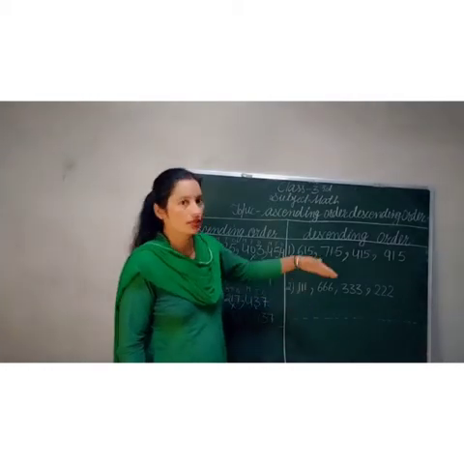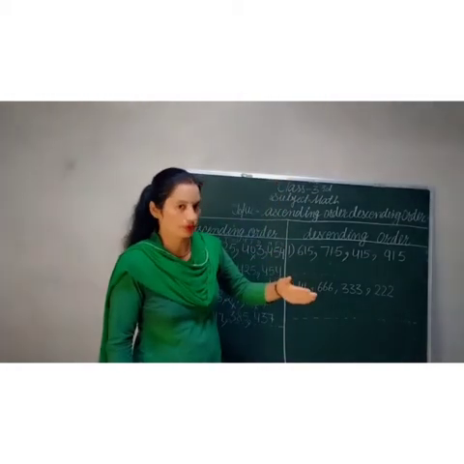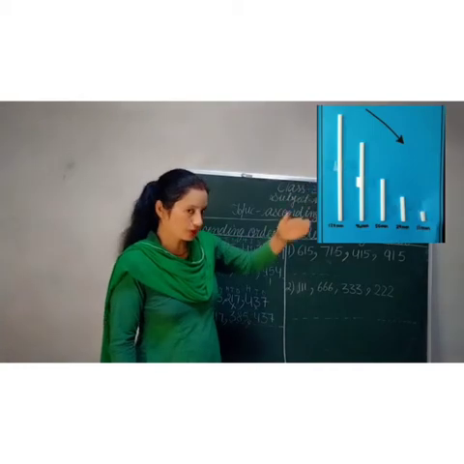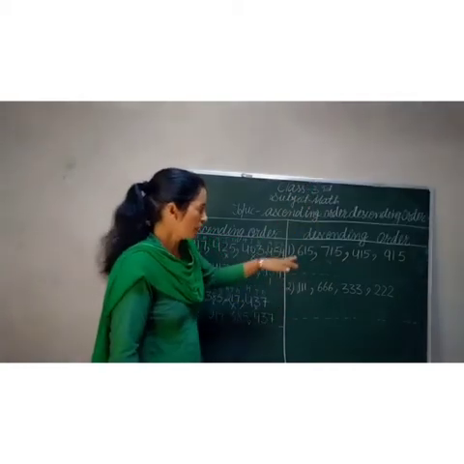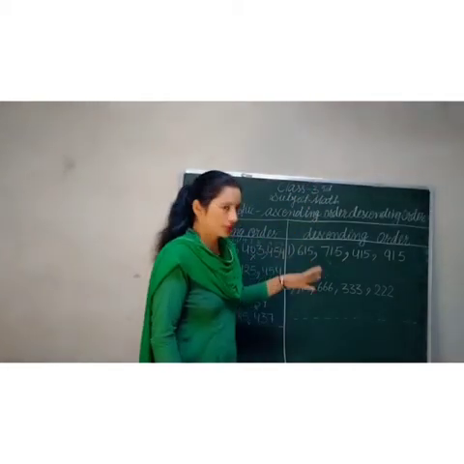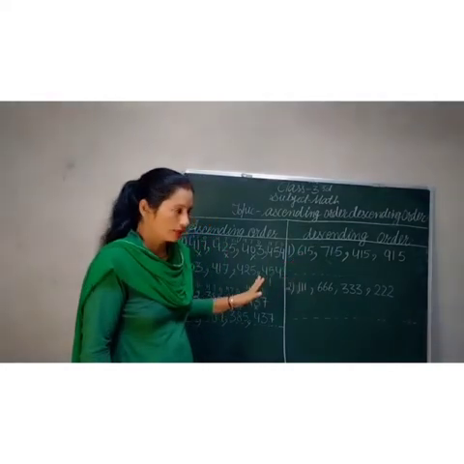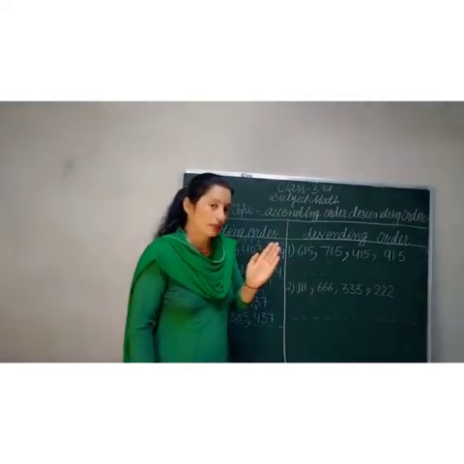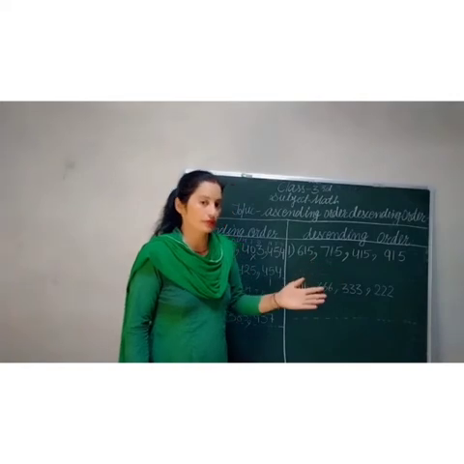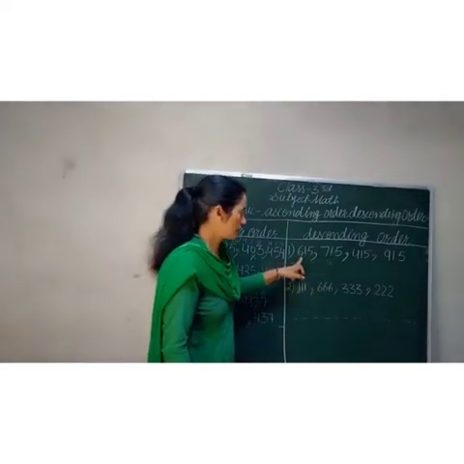Now next is descending order. Descending order means up to down. Means we follow backward counting now. The procedure is the same, but we will see the biggest digit first. This is 650.